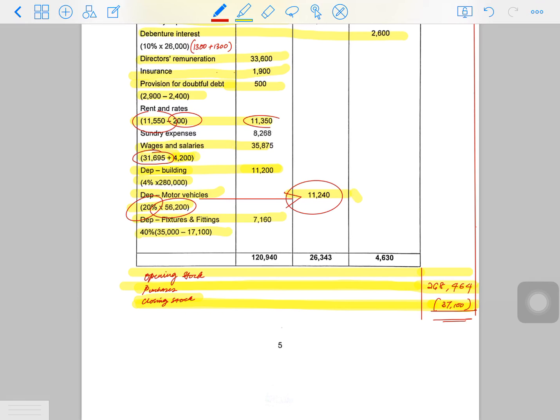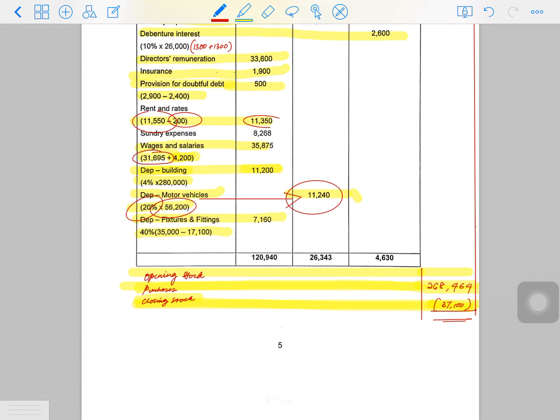Okay, credit purchases, credit cost of sales. Masuk purchases itu. And then opening stock. Sorry. Next item apa? Sundry expense.